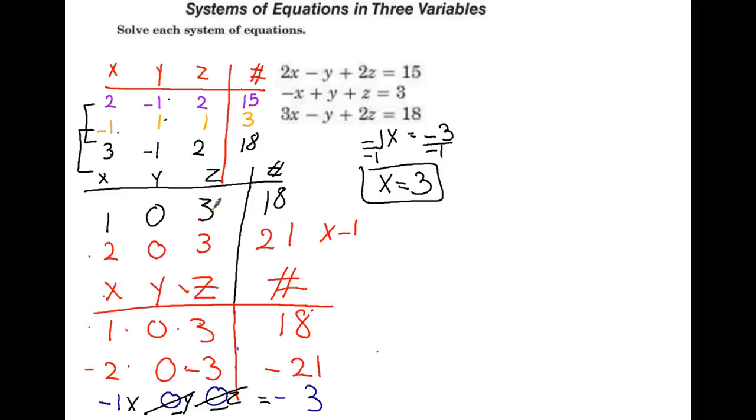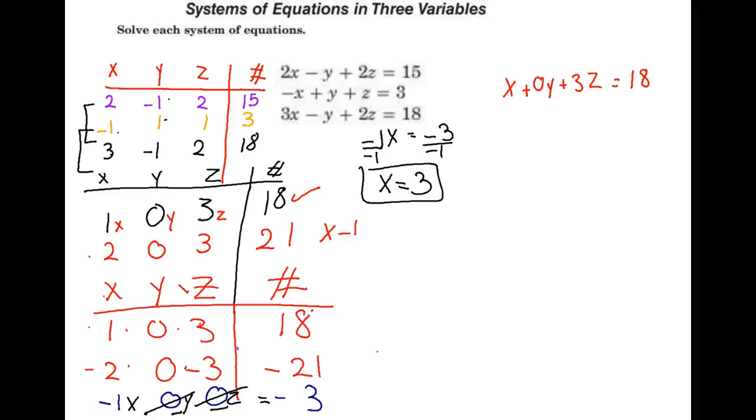So I will put down my variables, x, y, and z, and I'll write my equation as it is. So I'm using this equation, which is x plus 0y plus 3z equals 18.